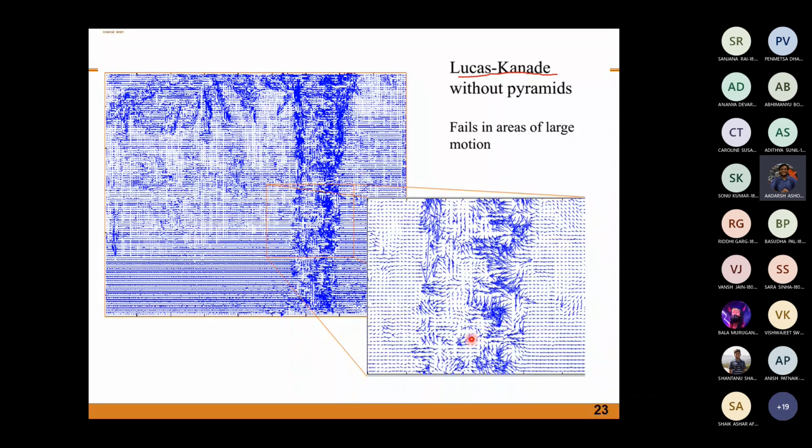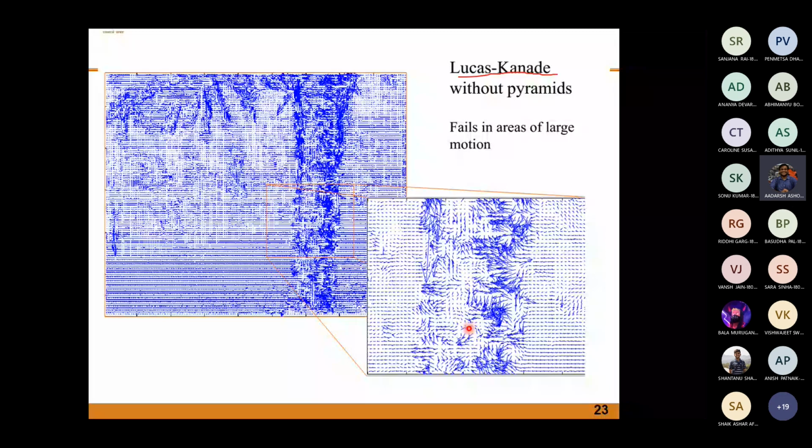Because it is not within this 3 by 3 neighborhood, it is not able to capture that motion, and that is why you have this large variance in the optical flow information obtained within the whole tree bark, which actually has the same kind of displacement.